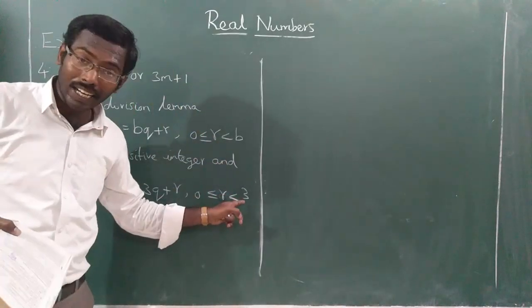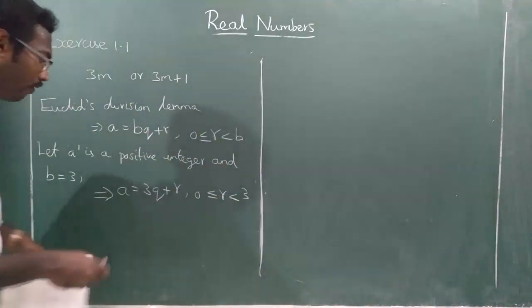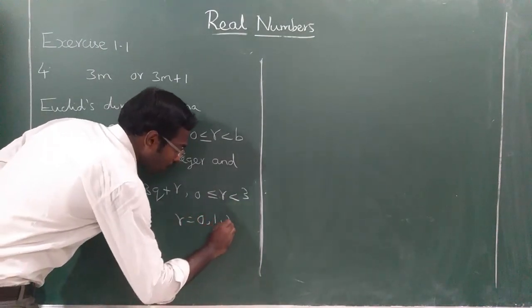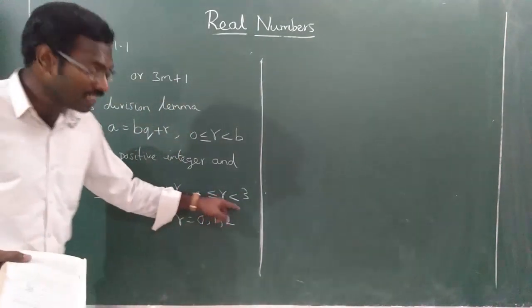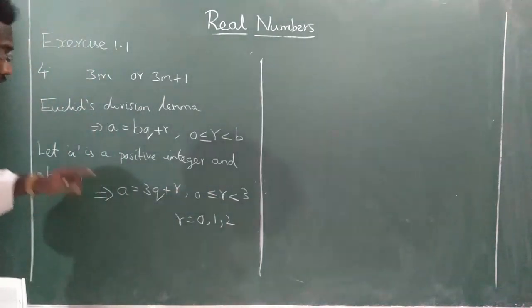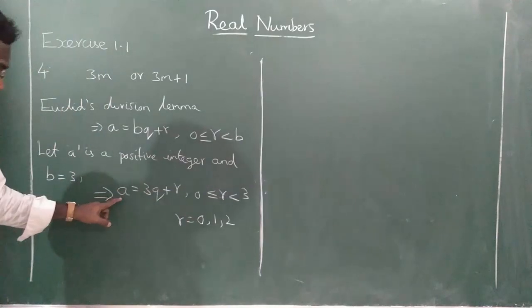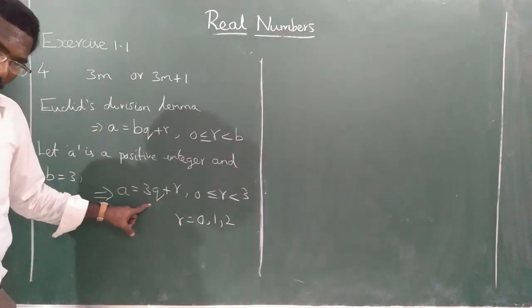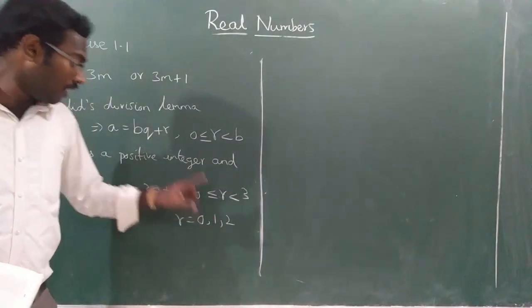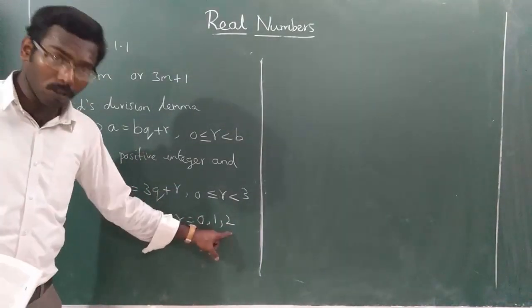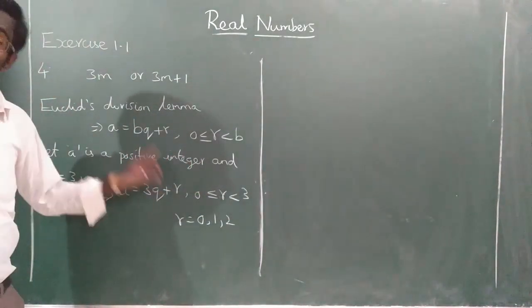But 3 won't come because it is less than 3. Therefore, the R value is 0, 1, 2. So if you apply R is equal to 0, you will get A is equal to 3q. If you apply R is equal to 1, you will get A is equal to 3q plus 1. If you apply R is equal to 2, then you will get A is equal to 3q plus 2.